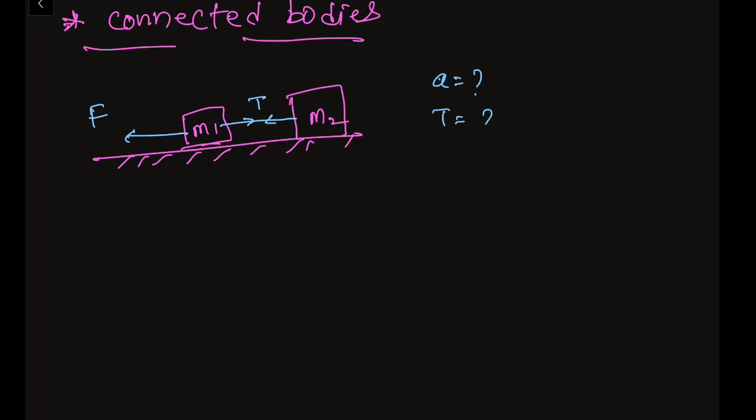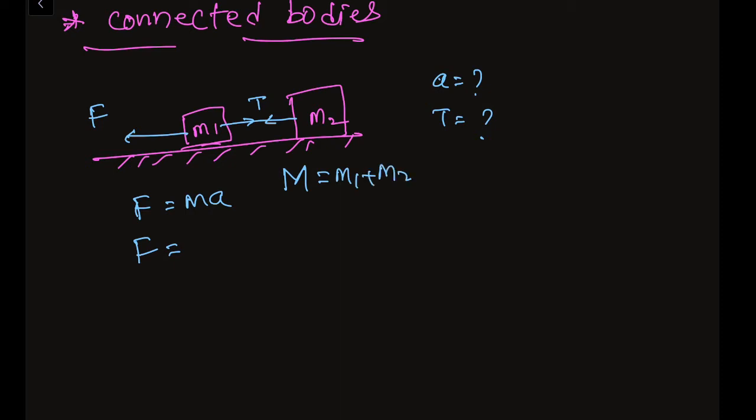How can we find the acceleration in this case? We know that the sum of all forces acting along the x direction is equal to mass into acceleration. Here F is equal to ma, where the effective mass M is equal to m1 plus m2.